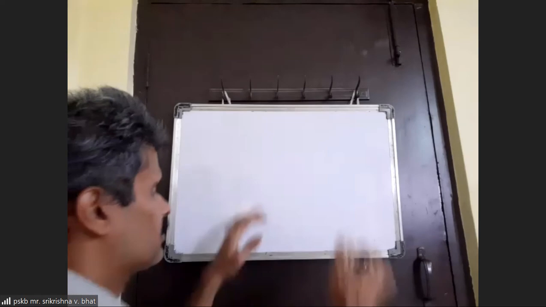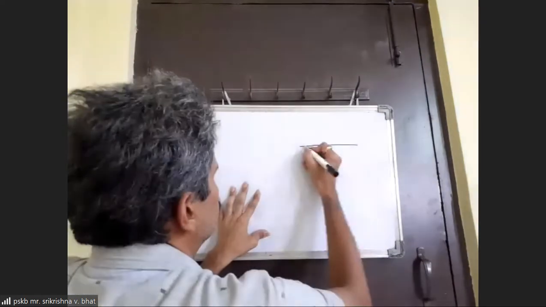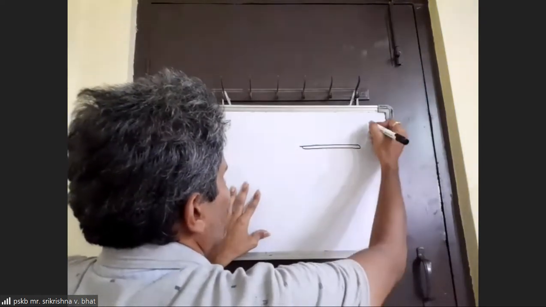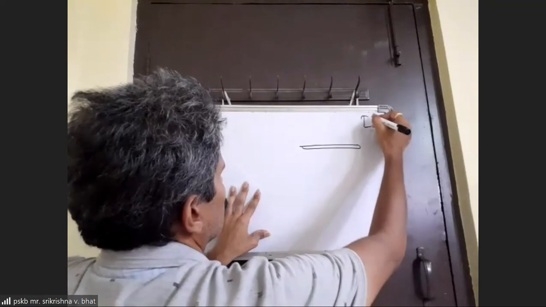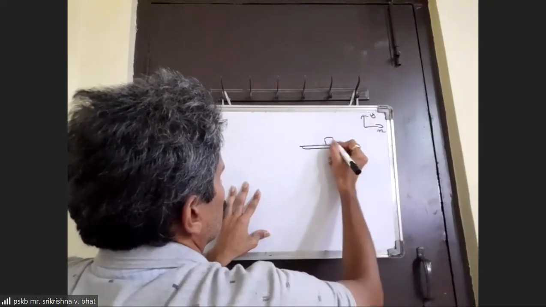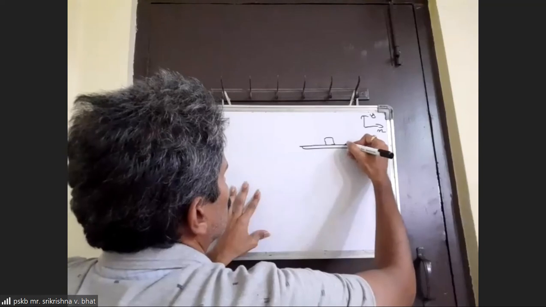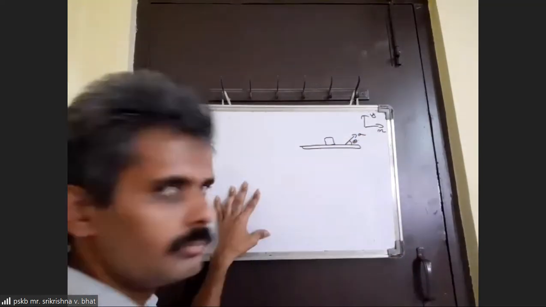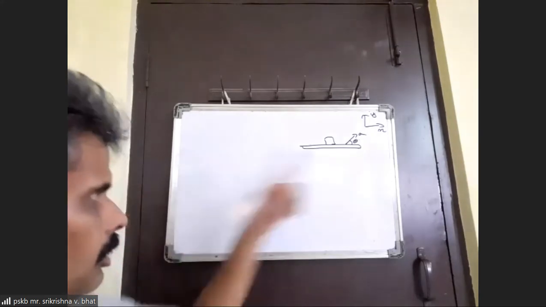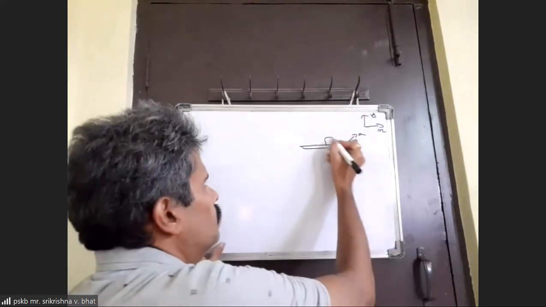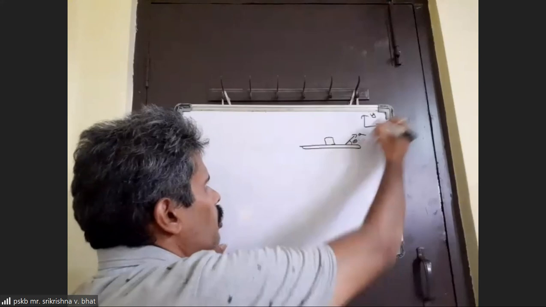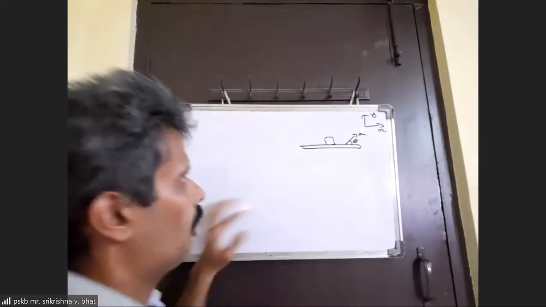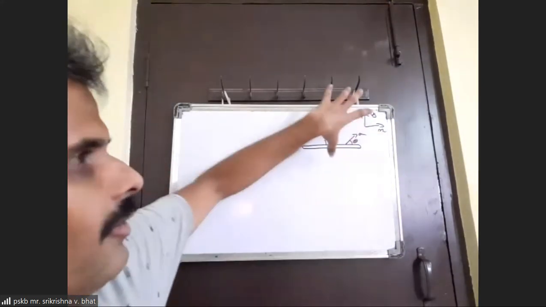Okay, so let us just consider it like this. The plank, or the wooden board, is moving with an acceleration A. Now this XY plane is a horizontal plane, so this is basically the top view.